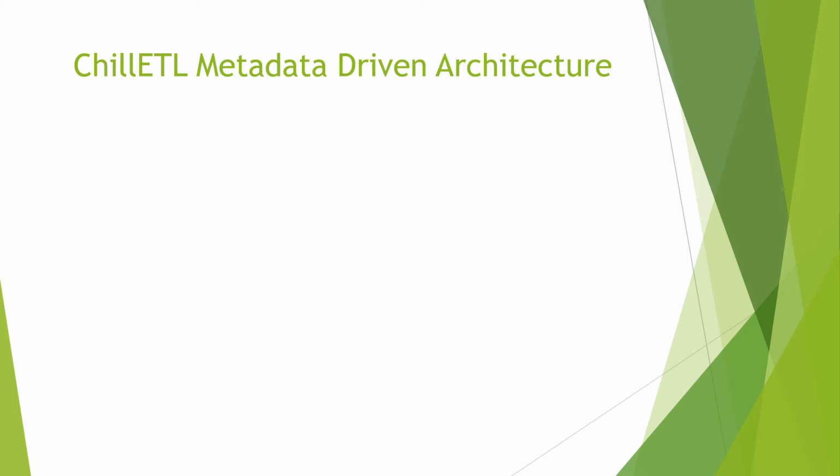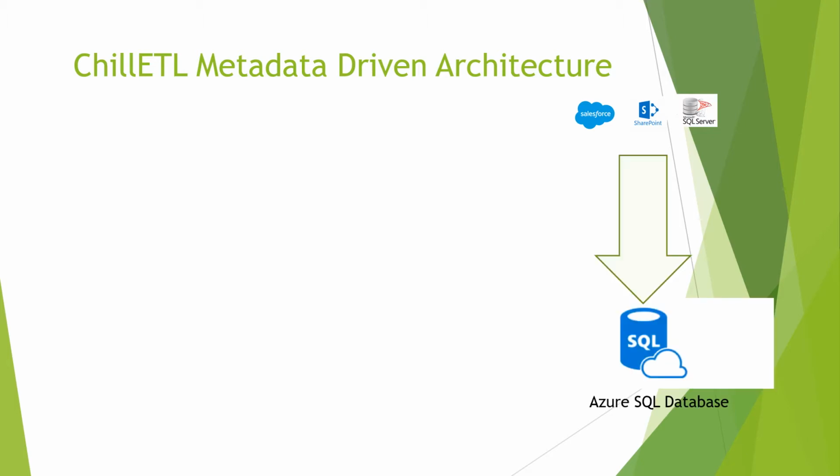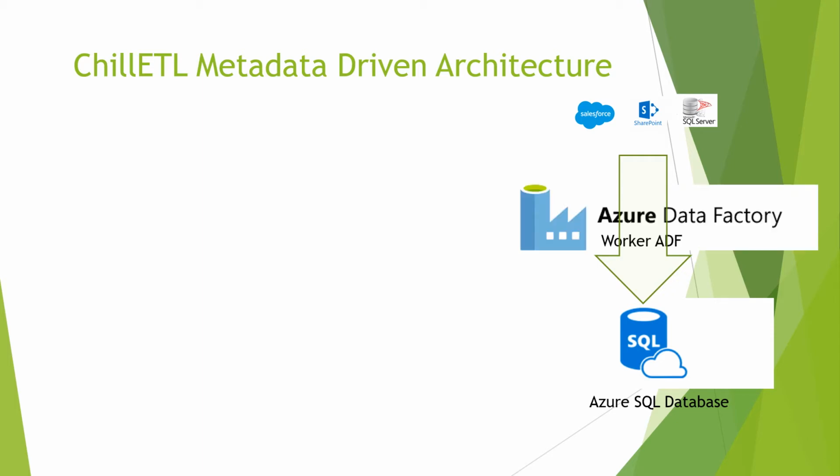It's time to briefly talk architecture. I've mentioned the ChillETL metadata, so I want to point out where it fits in. This will be quick. Our goal is to move this data to our Azure SQL database. We're going to use Azure Data Factory to handle the data movement.